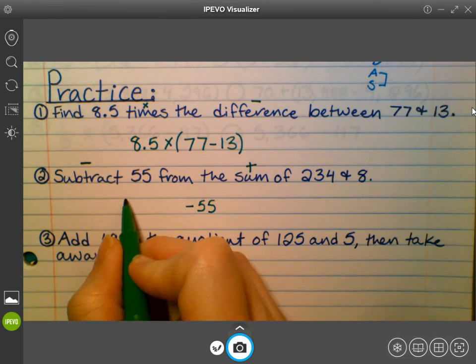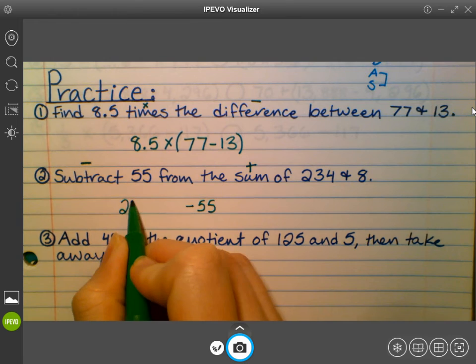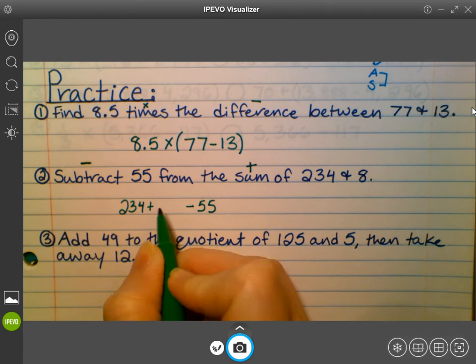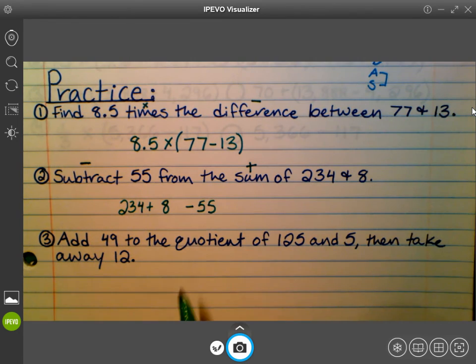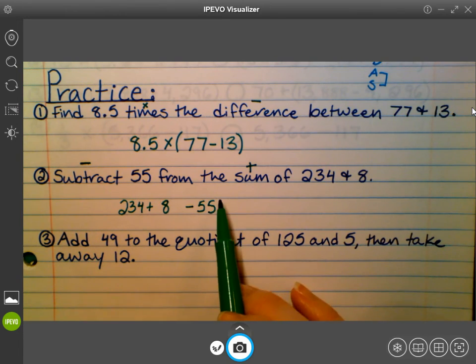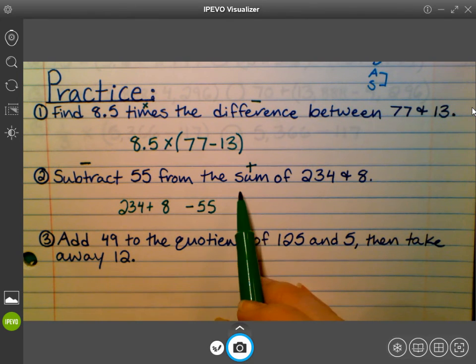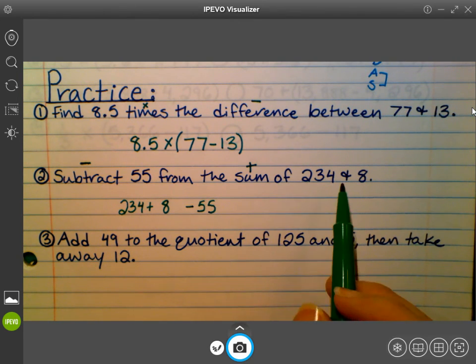So that means 234 plus 8 should be in front of our minus 55. It kind of looks like you're going from down and up. Exactly. No, you're actually going that way. You're absolutely right. So, before we can subtract 55, though, we need to find the sum of 234 and 8.